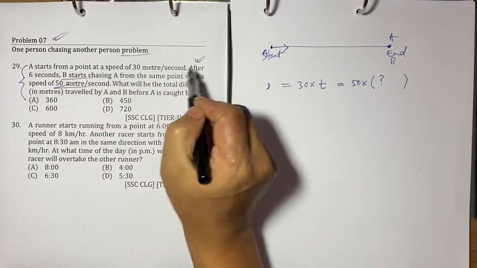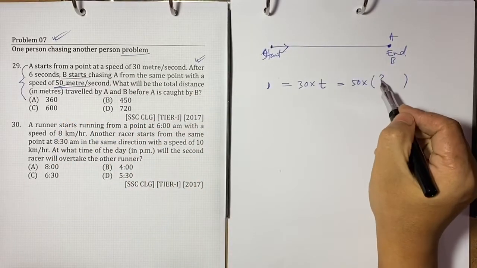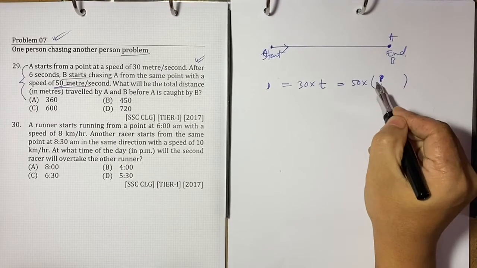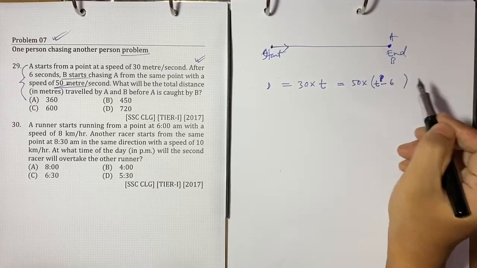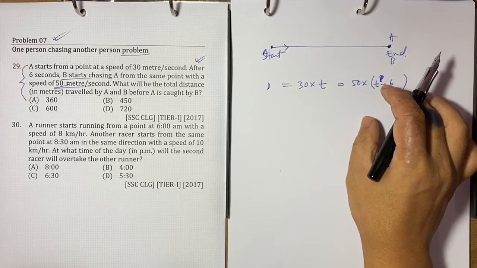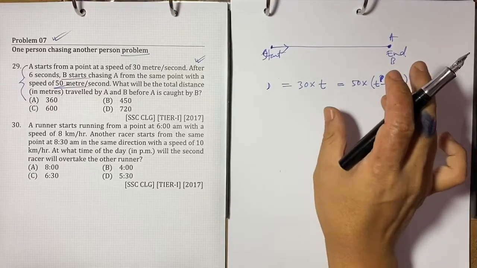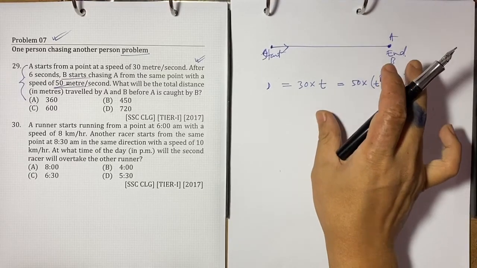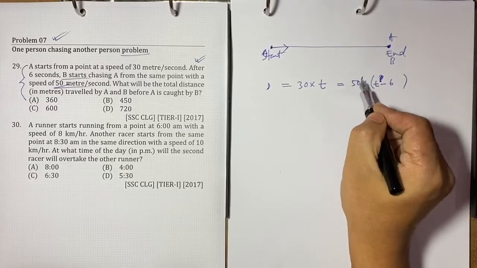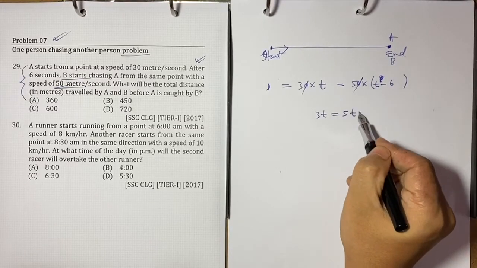The question says after 6 seconds, so the second group's time will be t minus 6. So cancel both sides. 3t equal to 5t minus 30.